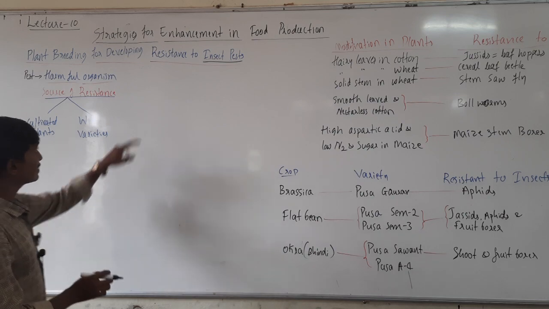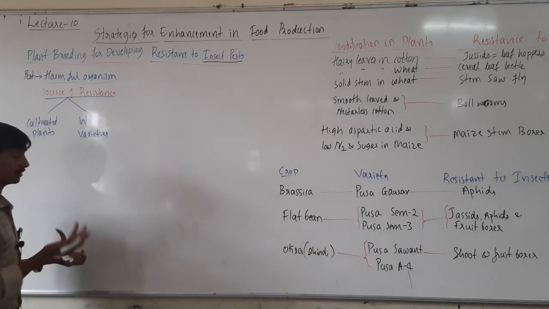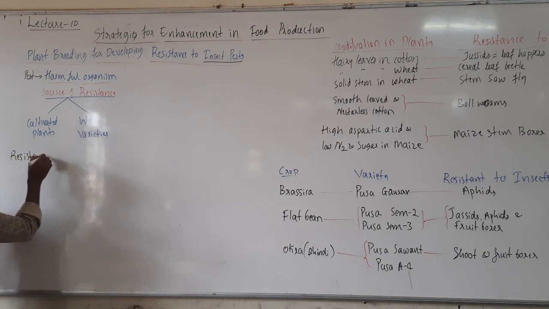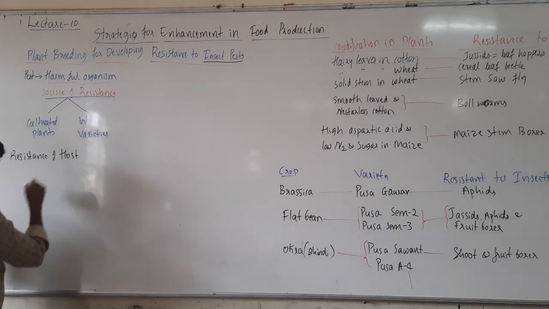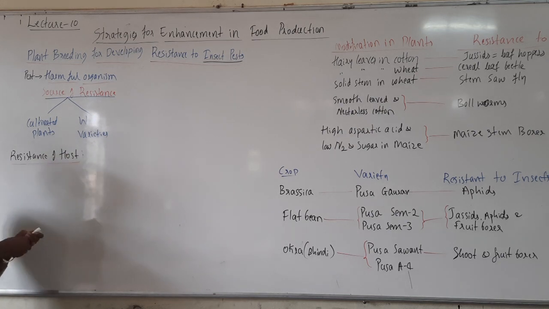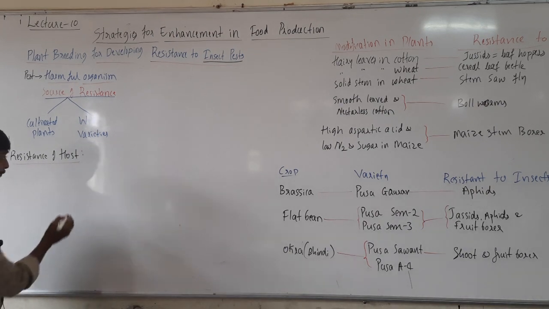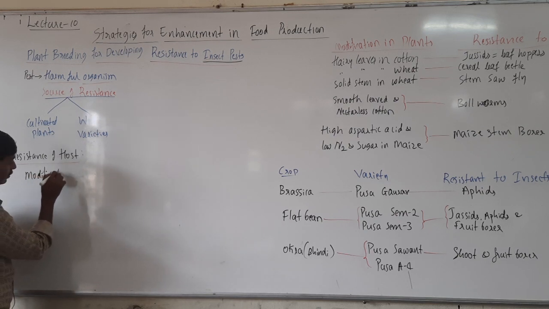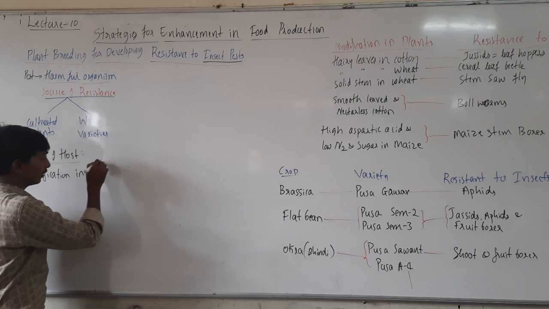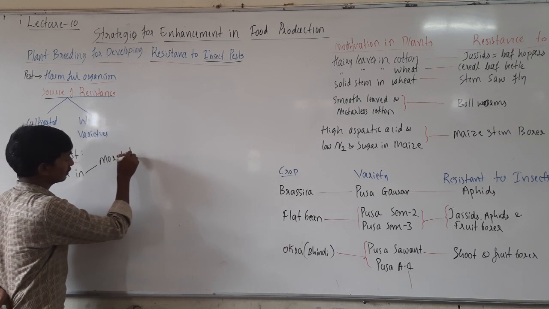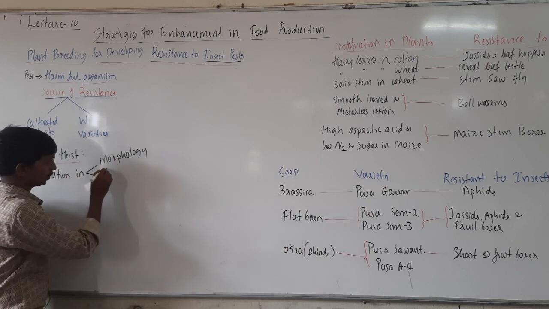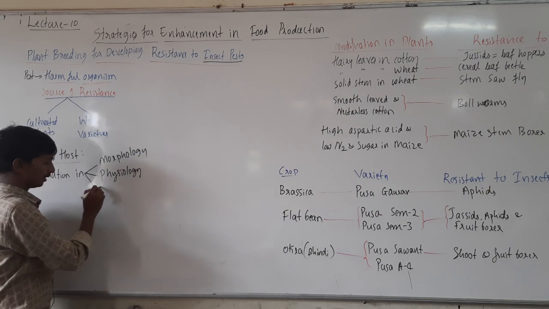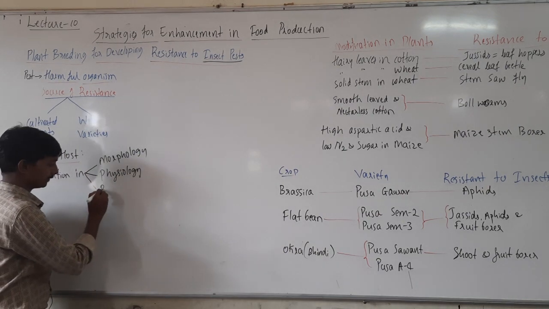Then what actually is resistance? We said resistance. What does resistance mean here? Resistance of a host, in the crop plant, means nothing but modification in morphology, physiology and other aspects, or biochemistry.